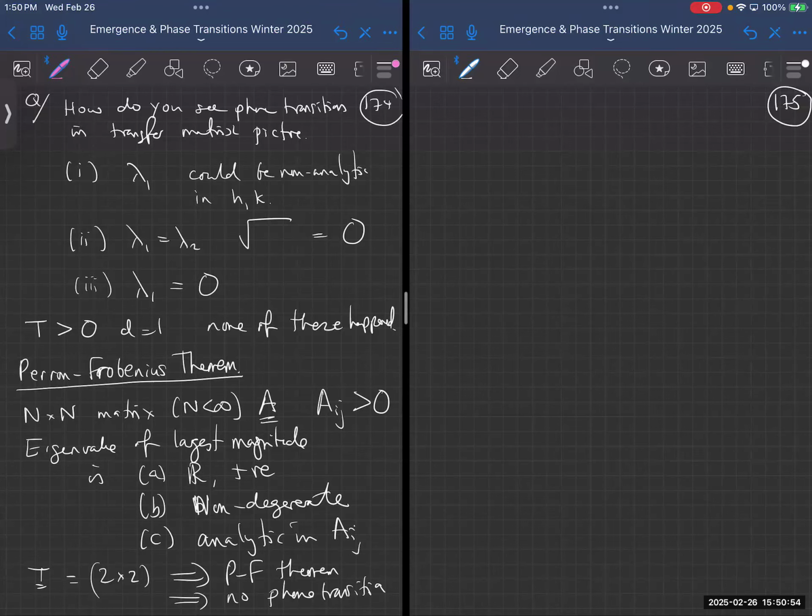Okay. Now, we know there's a phase transition in the 2D Ising model because Onsager is super famous for figuring that out. So now the question is, how do you get a phase transition in the d equals 2 Ising model?